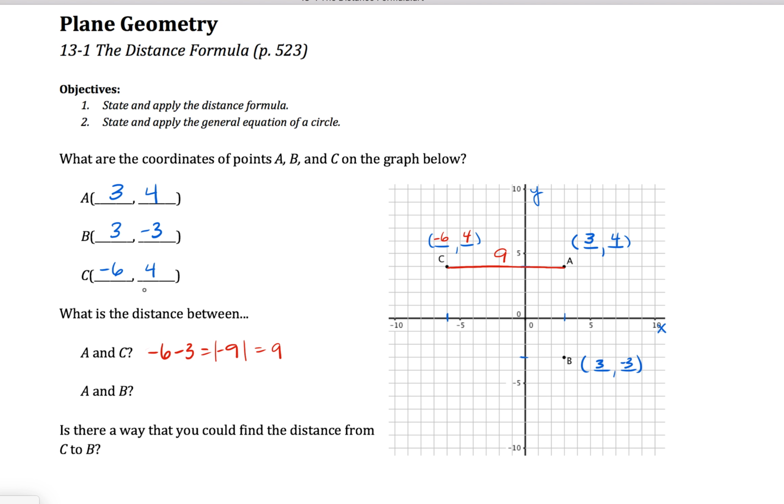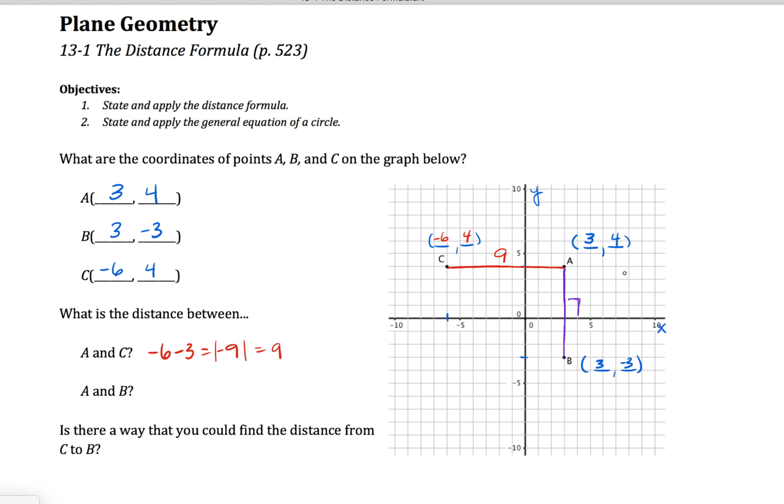Now if I'm looking for the distance between A and B, it can be thought of as the length of this vertical segment right here that connects A to B. Again, since this is a vertical segment, A and B both have the same x-coordinate, an x-coordinate of 3. So I can count the boxes, 1, 2, 3, 4, 5, 6, 7.